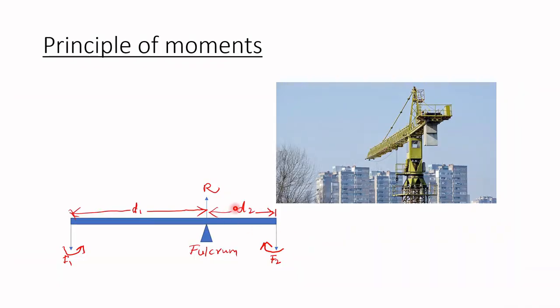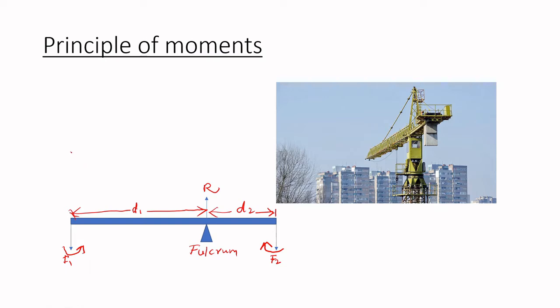Now we will check how we can establish this principle of moments. Since the lever is a system in mechanical equilibrium, let R be the reaction of the support at the fulcrum. R is directed opposite to the forces, as you can see, F1 and F2. For translational equilibrium, the total force must be equal to 0.